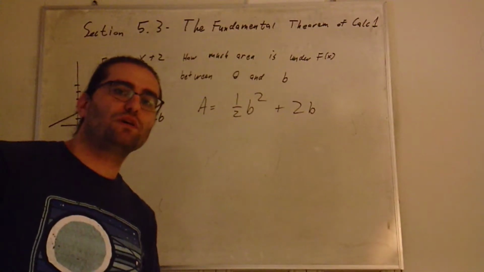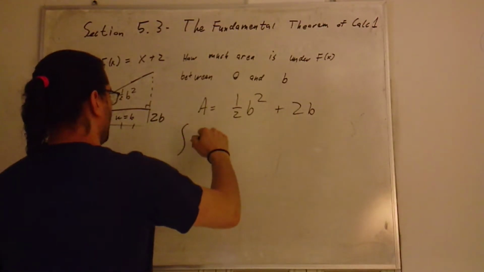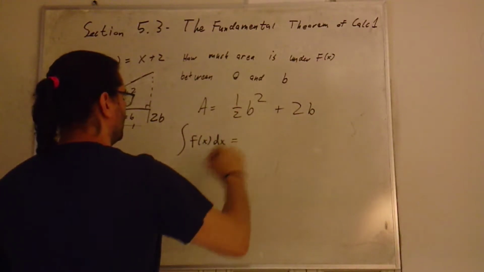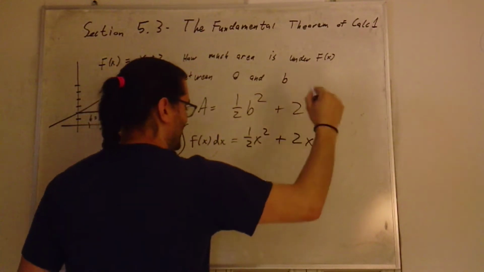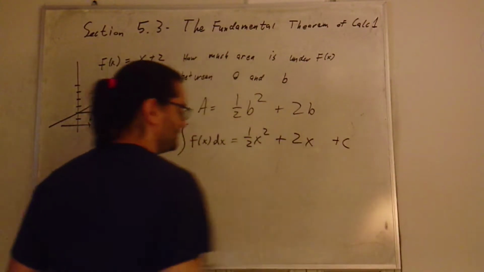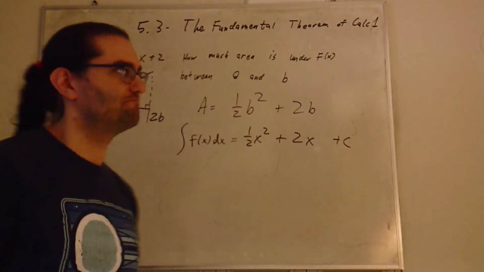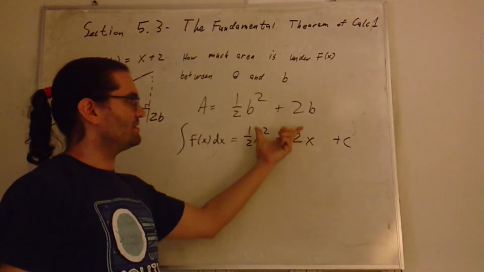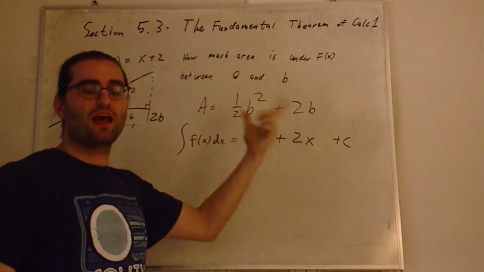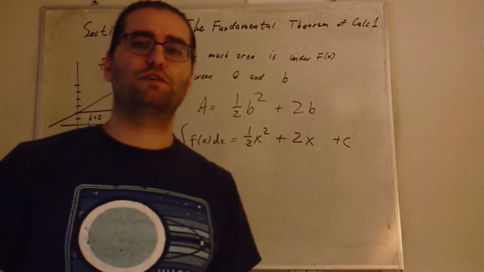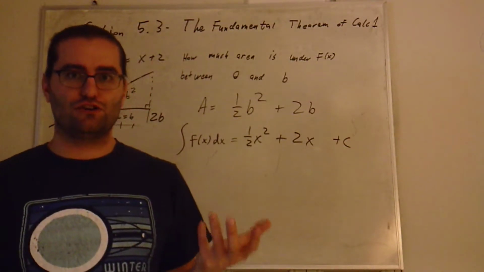Here's where this gets really weird. The antiderivative of f of x dx is 1/2 x squared plus 2x plus c. These are the same. The last video ended pretty abruptly. I didn't get to explain why antiderivatives and definite integrals use the exact same symbol.